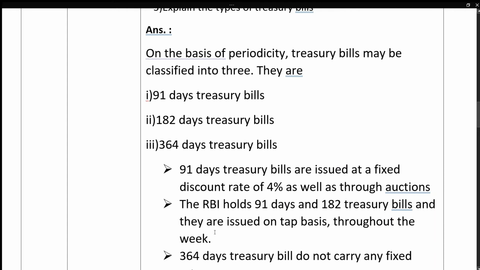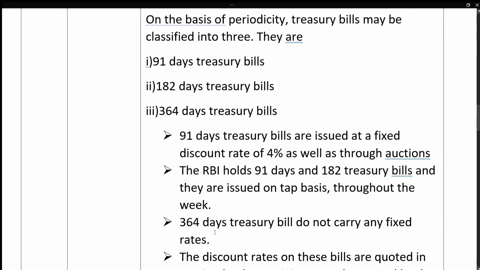So the 4 rupees is the investor's gain. 91 days treasury bill has a fixed discount rate, and also through auction the rate will be fixed. The RBI holds the 91 days and 182 days treasury bills, and they will be issued on tap basis. Tap basis here means on the basis of demand throughout the week.